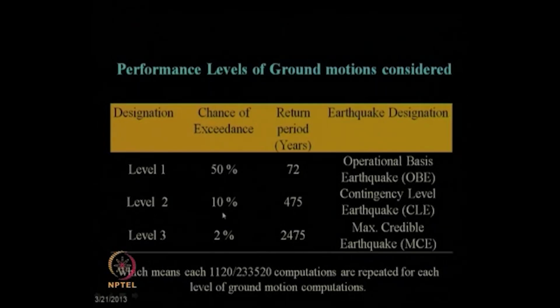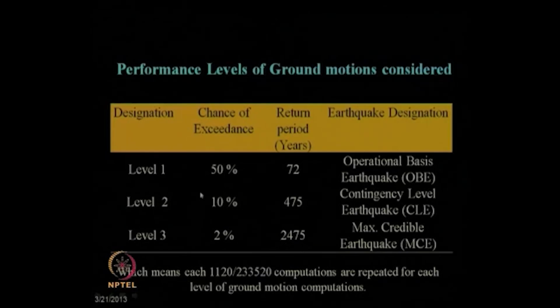Level 2 has a 10% probability of accidents in a 50 year span, at least once, which comes out to a return period of 475 years. Similarly, level 3 is a 2% probability of accidents within 50 years, at least once, which gives us a return period of 2475.